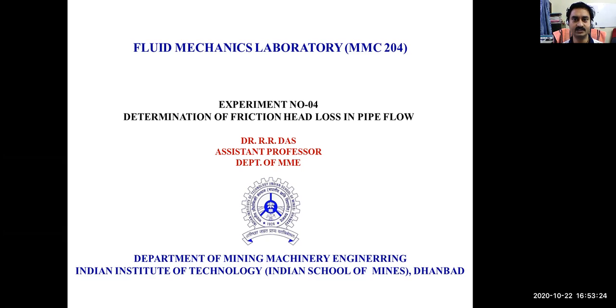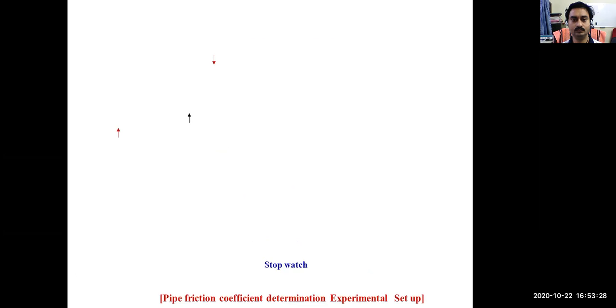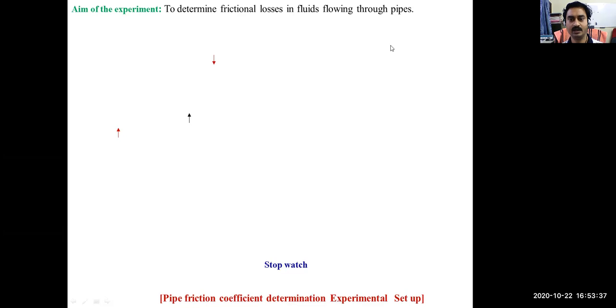Okay, so coming to the first part of the talk, introduction. Aim of the experiment: to determine frictional losses in fluid flowing through pipes. Indirectly speaking, we are basically interested in finding out the friction loss factor, which is also called the Darcy's frictional coefficient factor.